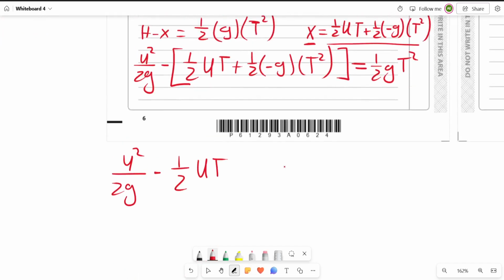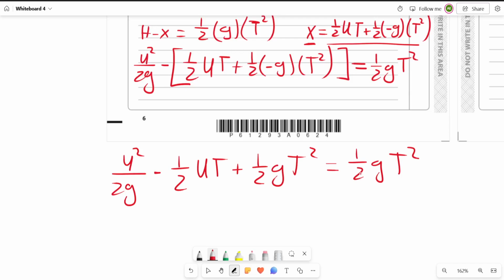Okay, so now let's again distribute the minus inside. So this is going to be minus half ut, and then minus times minus g is going to be plus half g t squared, and this is equal to half g t squared.